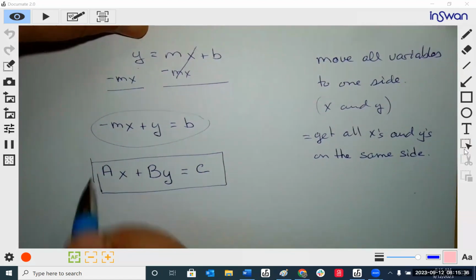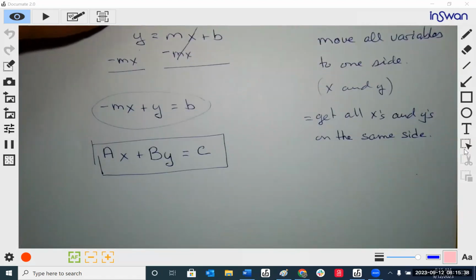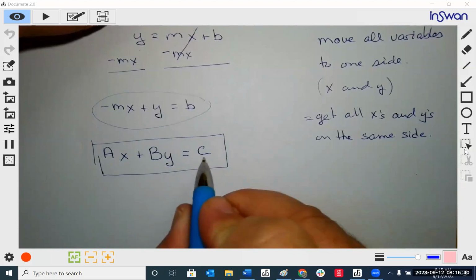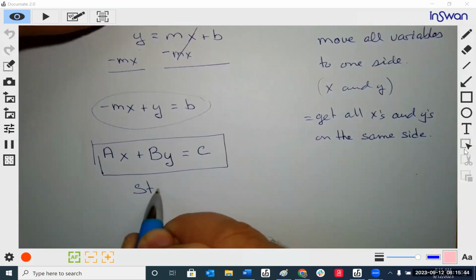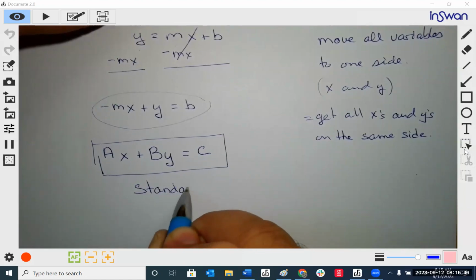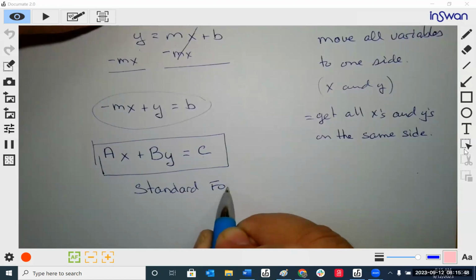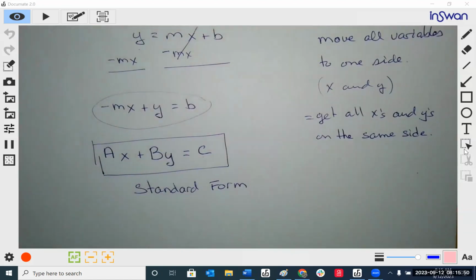When you have X's and Y's on one side and the numbers on the other side. But there's one stipulation. Don't do it yet because we're not finished yet. There's still one more thing we have to do with this equation.